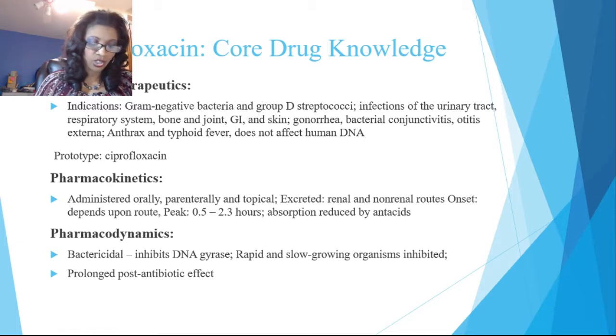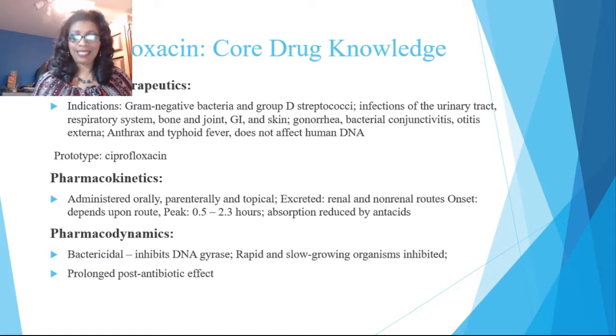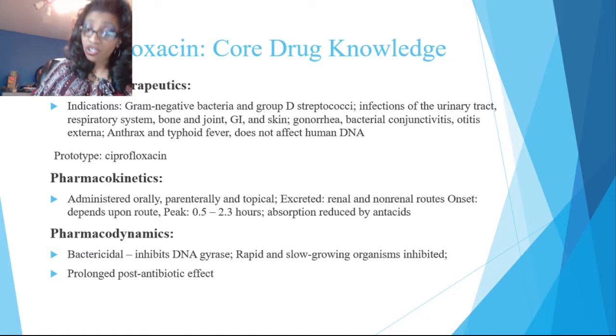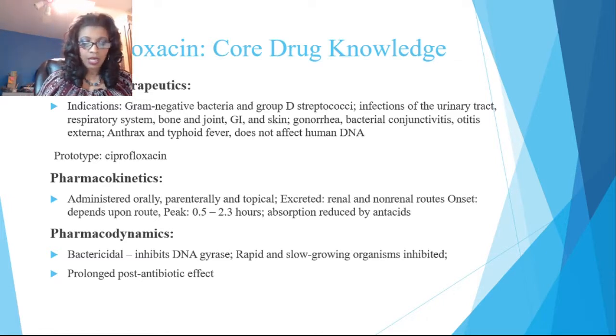The second generation ones increased and treated gram-negative and systemic issues. The third generation of quinolones had extended activity against gram-positive pathogens, but they were less effective against Pseudomonas, for example. So the fourth generation quinolones, which is where we are right now, have extended activity against Pseudomonas as well.